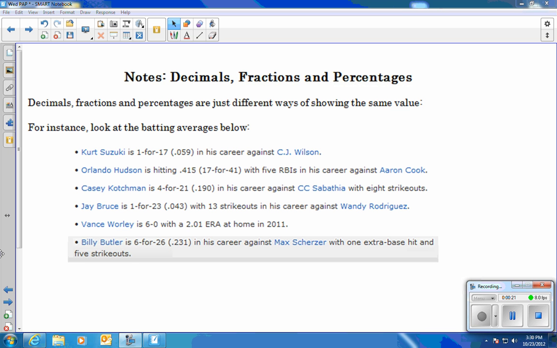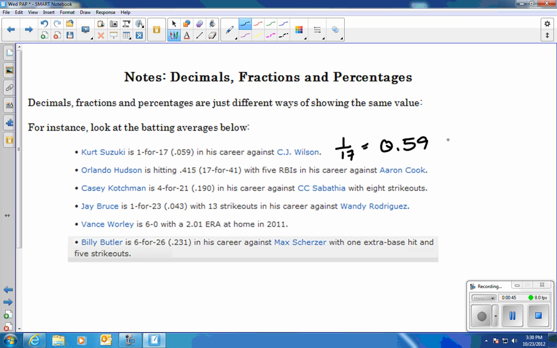So 1 for 17 is really the same thing as a fraction, 1 over 17, which when we convert should give us 0.059 as a decimal, which is a rounded answer. And if we turned that into a percent, which we will learn in a second, we would get 5.9%. So all the same number, just a different way of representing it.